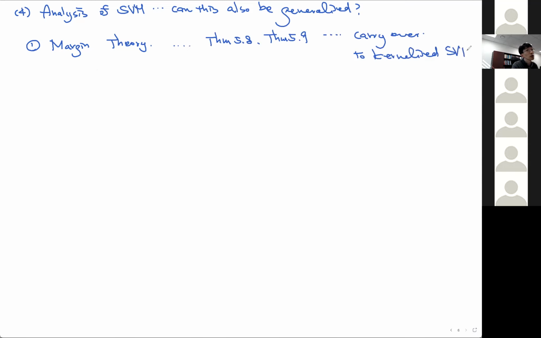And in some cases you can make this bound a bit tighter. So let me show you how Theorem 5.8 can be generalized here. Theorem 5.8 can be exploited to derive something for the kernelized support vector machine. Theorem 5.8 says the following.